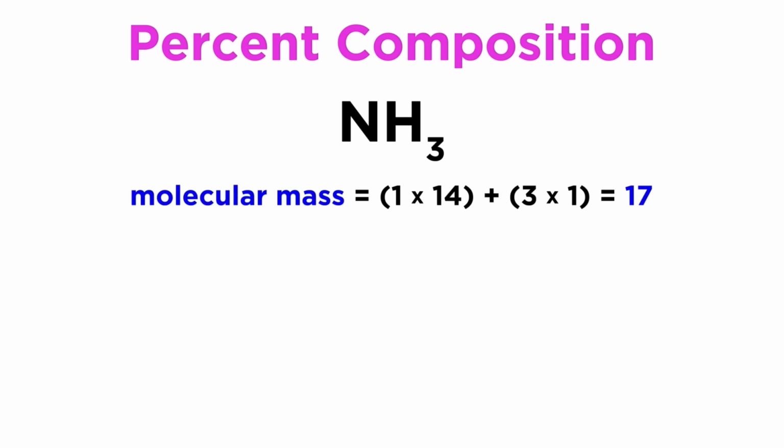This line of thinking is actually a great way to determine the molecular formula of an unknown compound. We can do this by first figuring out the empirical formula of a compound, which is the lowest whole number ratio of the number of atoms of different elements in a compound. Let's say we combusted an unknown hydrocarbon, which is a compound consisting of only carbon and hydrogen, and collected the resulting carbon dioxide and water.